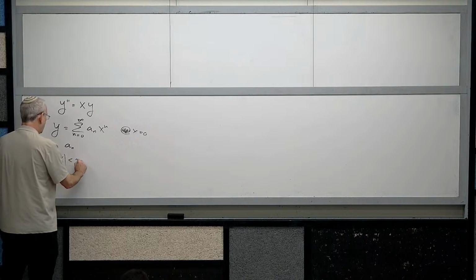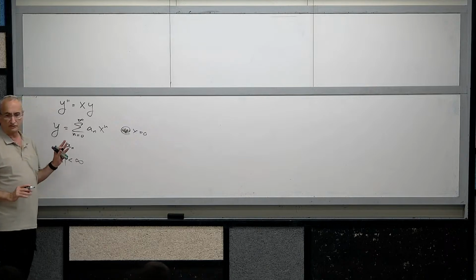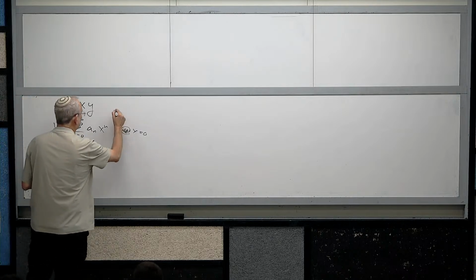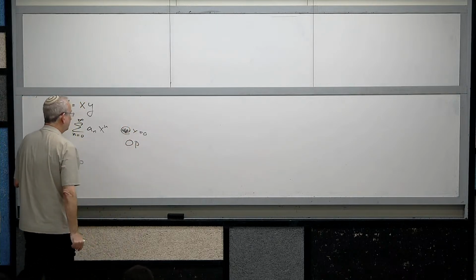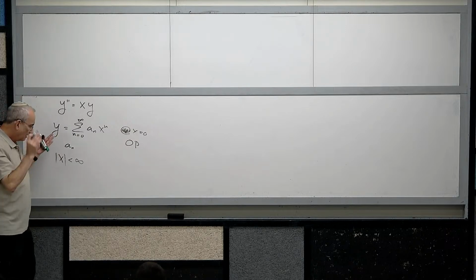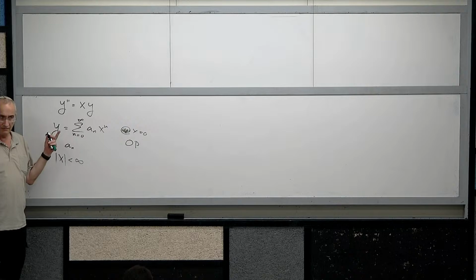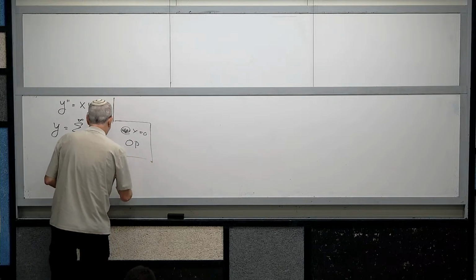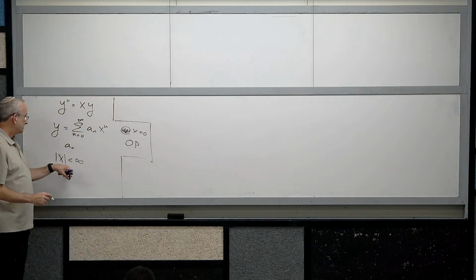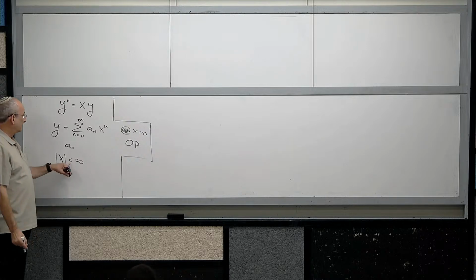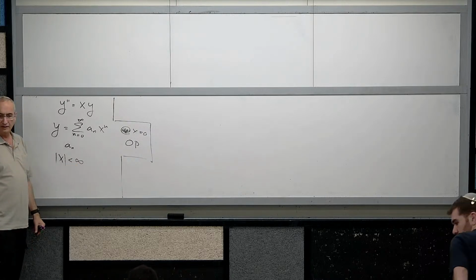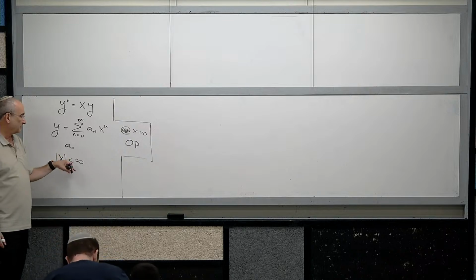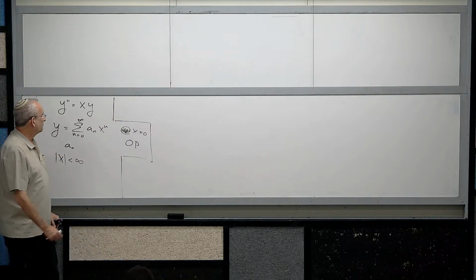So for every x smaller than infinity, this series converges, because first of all, 0 is an ordinary point of the Airy equation, and it does happen that the solution is analytic everywhere in the complex plane, except when x goes to infinity.